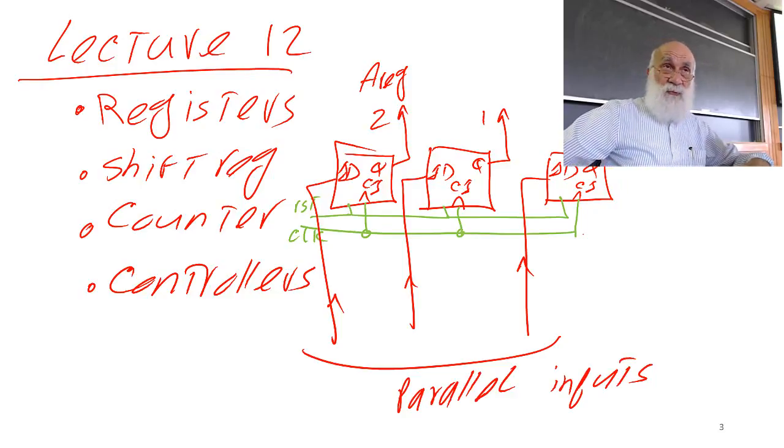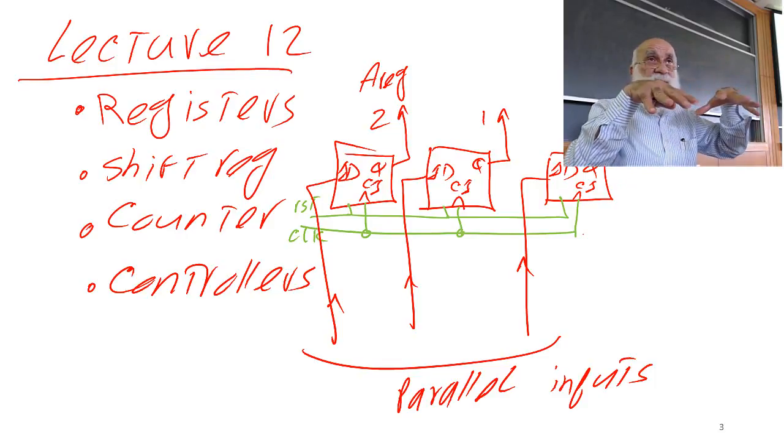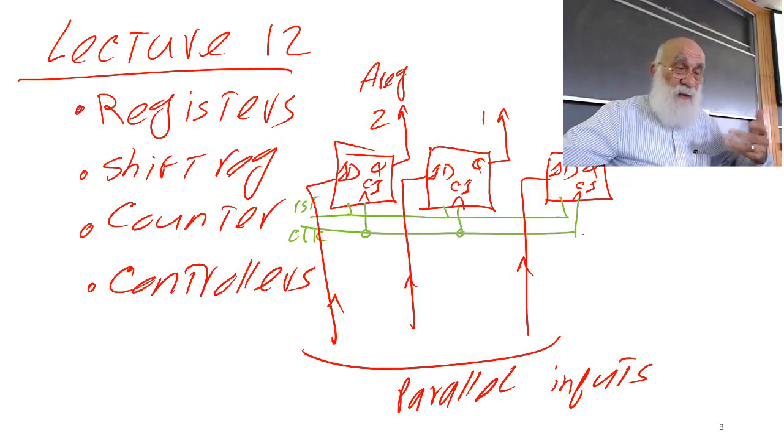In addition to the register that takes, in this particular case, a 3-bit input, clocks it into the register, and then you read the output, or it saves the output. In addition to this kind of register, we can have what is referred to as a shift register. I'm going to explain that to you now. Let's do a 4-bit one now.